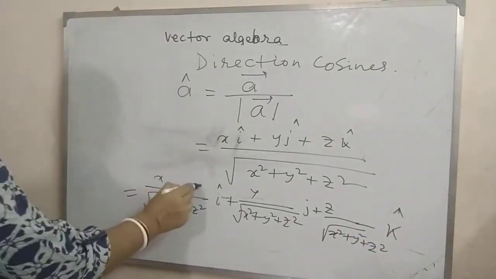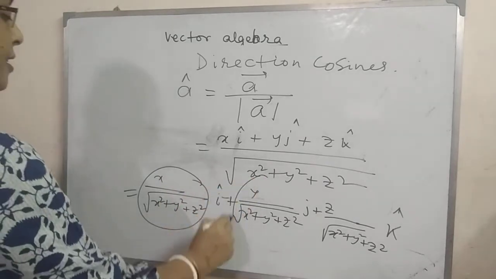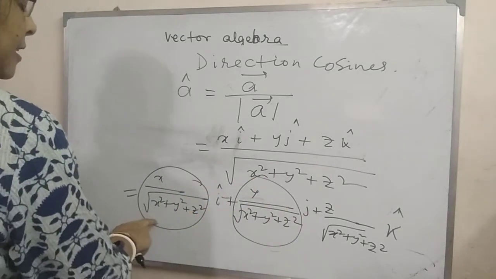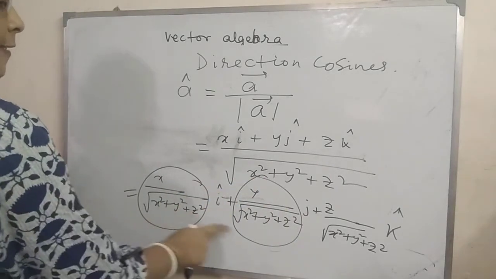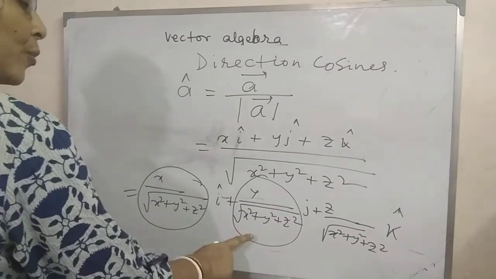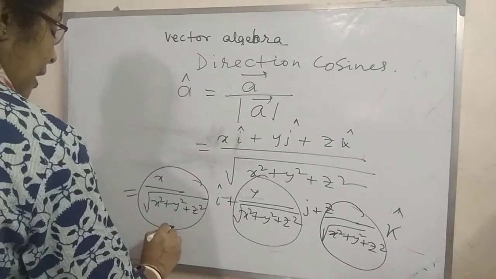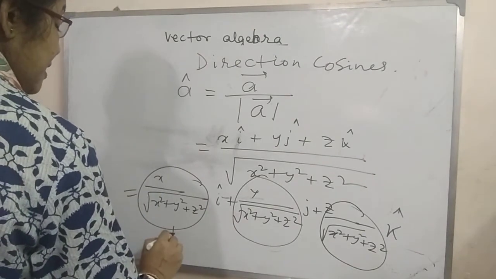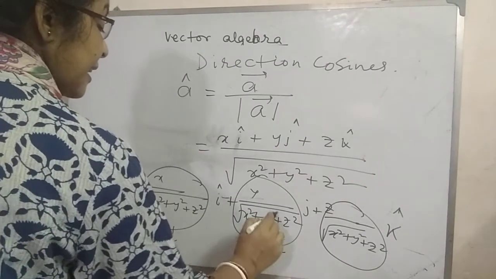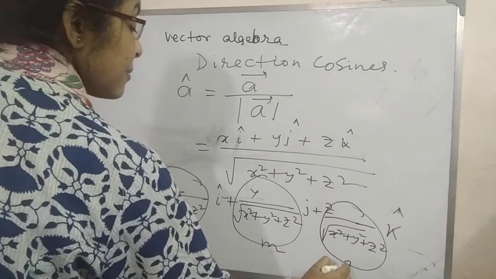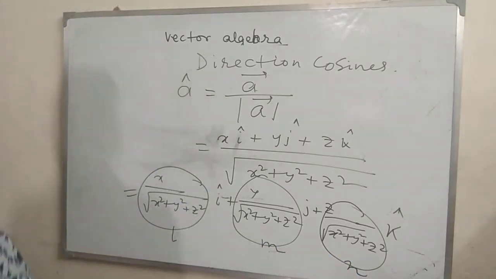This is the scalar component along the x-axis, this is the scalar component along the y-axis, this is the scalar component along the z-axis. I denote them by L, M and N. Okay.